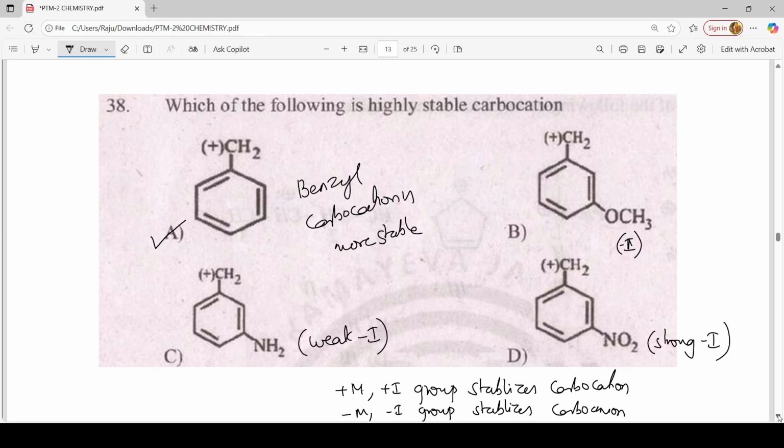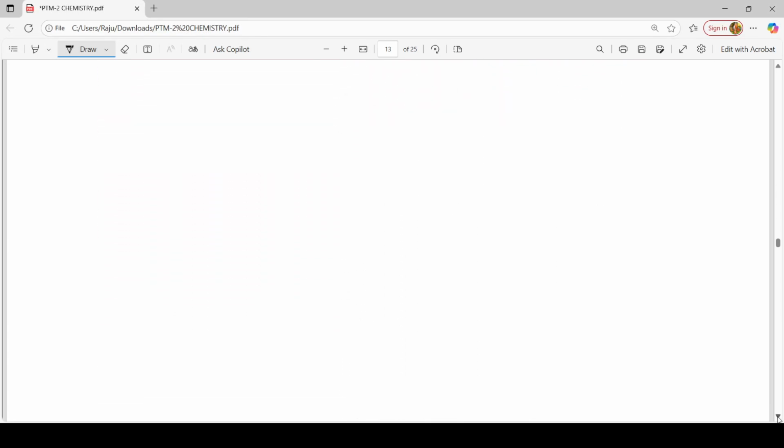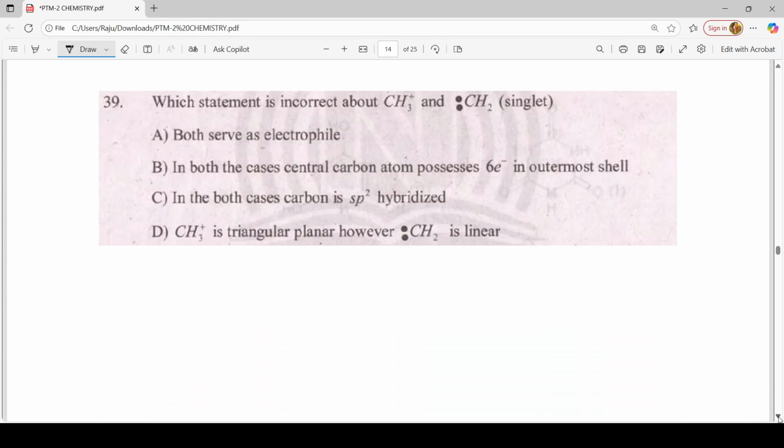Next, which statement is incorrect about the methyl carbocation and carbene? Both serve as an electrophile. This is true, students. Around the carbon atom in the carbocation, there are 6 electrons, less than 8.